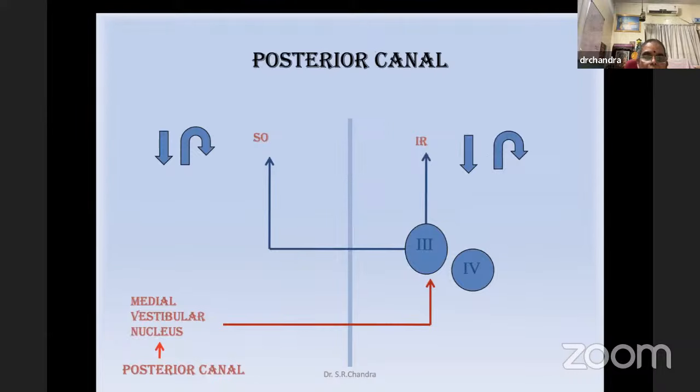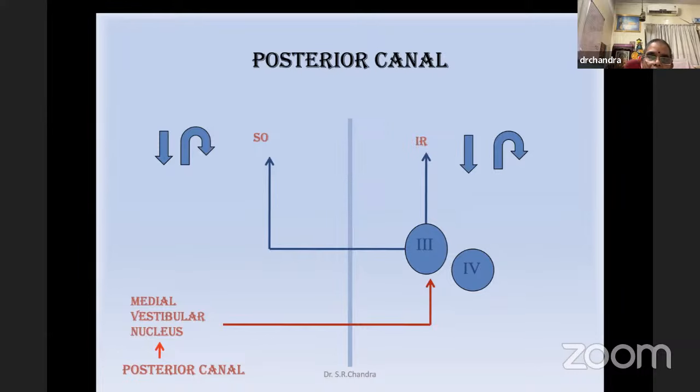Next is the posterior canal. It goes to the medial vestibular nucleus, crosses to the opposite side and supplies the opposite inferior rectus. We should apply the principle: inferior rectus is a depressor, vertical recti abduct, and inferior muscles extort. And then it comes to the ipsilateral side and supplies the superior oblique of the same side, that is the fourth nerve.